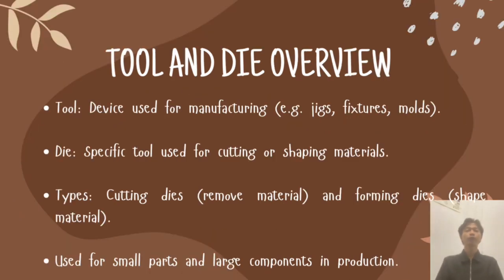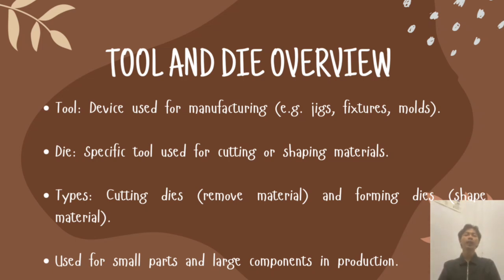So now we move to the tool and die overview in simple terms. A tool is any device used for manufacturing such as jigs, fixtures, or molds. A die, on the other hand, is a specific type of tool used for cutting or shaping materials into precise forms.